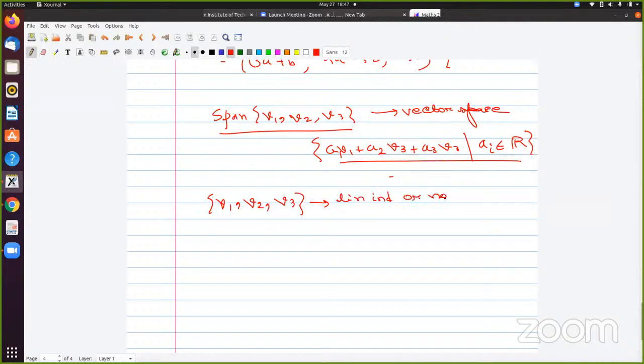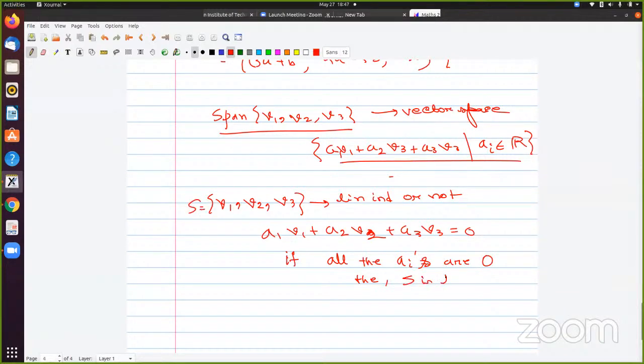Now, if you want to say whether these three vectors are independent or not, what are you doing? You are writing this equation, making it 0, and checking if all the ai are 0. Let me call this set S. If all the coefficients, a1, a2, a3 in this example, are 0, then S is linearly independent.